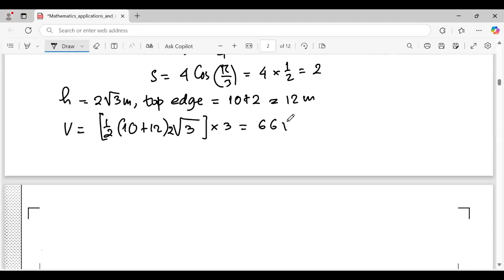The result is 66 square root 3 or 114.315 or 114 meters cubed.